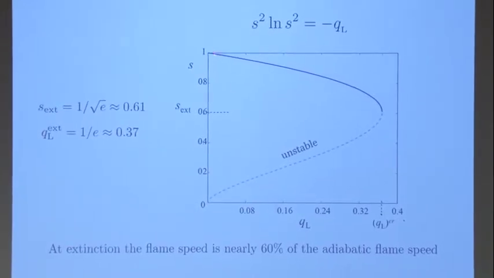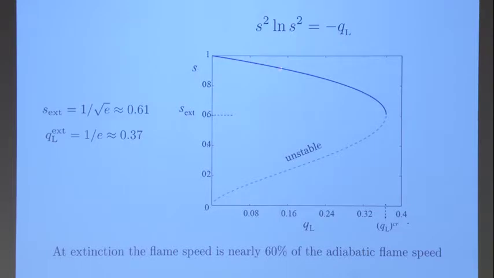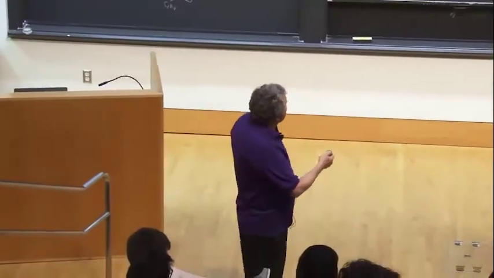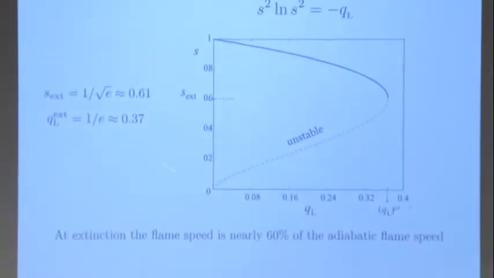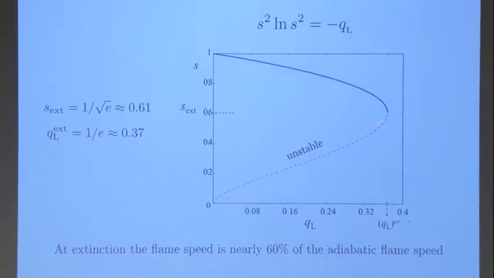As you increase the amount of heat loss, the speed will be smaller, smaller, smaller, smaller, smaller. Come to a point here, you increase the loss, there is no solution. The non-existence of solution is interpreted as the flame cannot exist, namely must be extinguished. Now there is a second solution here in that equation, which is the dashed curve, but this is typically unstable and therefore not observed.